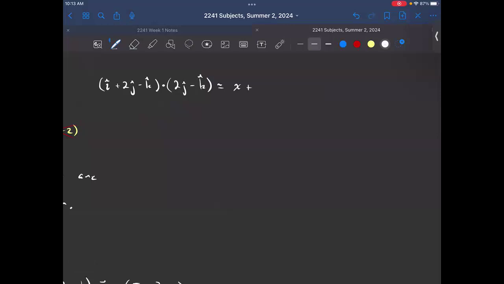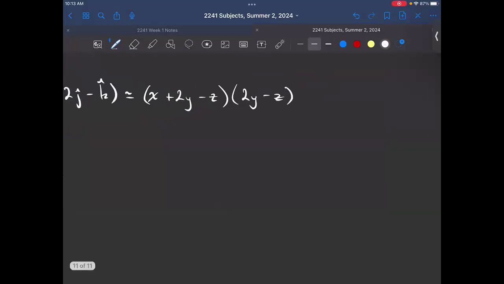So x plus 2y minus z, and then we just multiply these guys like normal, except we have to have some rules here between x and y. And those rules come from figuring out, all right, what is the dot product of i with itself and with j and k.